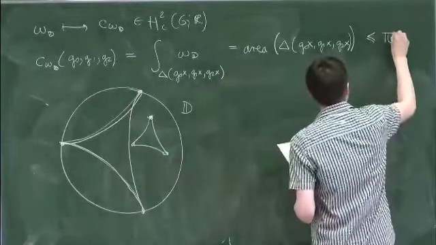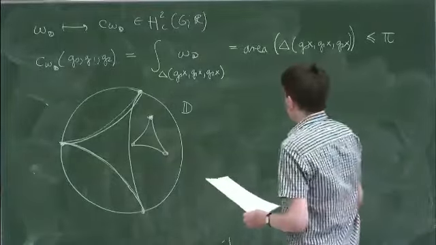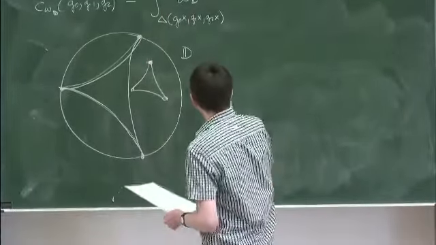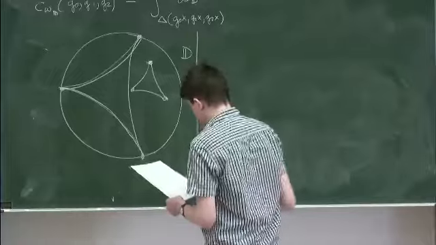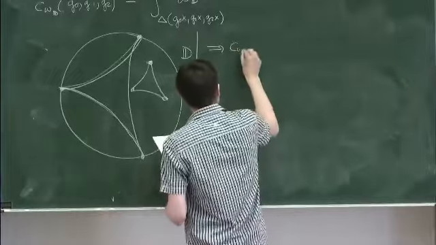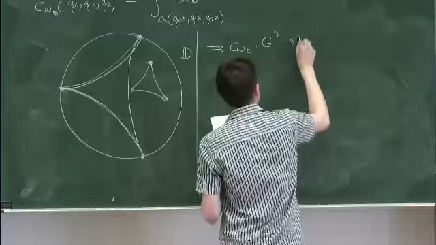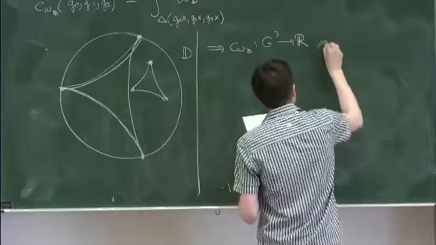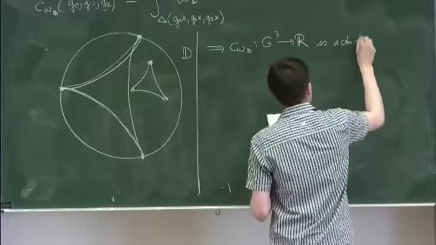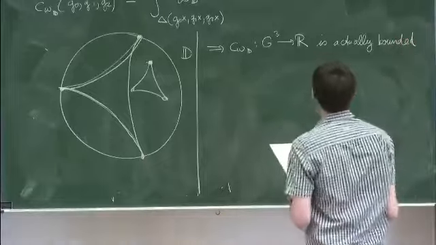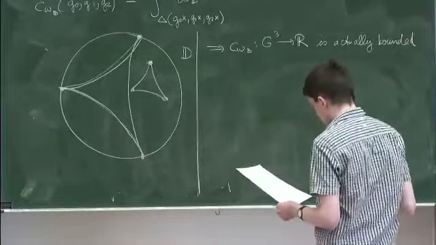So we get an upper bound of pi for all these co-cycles. And so the conclusion is that this co-cycle in continuous group cohomology is actually bounded, right? Just from the hyperbolic geometry of the Poincaré disk.